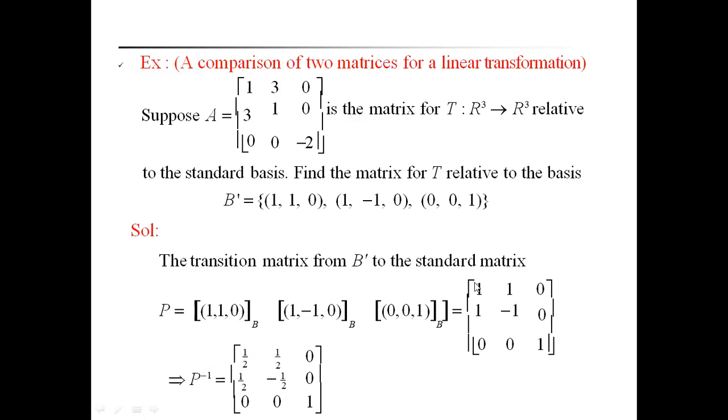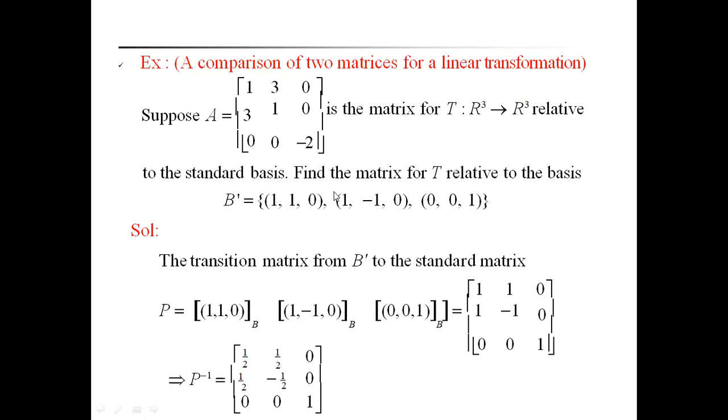Comparison of two matrices for a linear transformation. Suppose A is the matrix of T relative to the standard basis B. Find the matrix of T relative to the basis B dash, that is 1 1 0, 1 minus 1 0, 0 0 1. First, the standard basis is given.